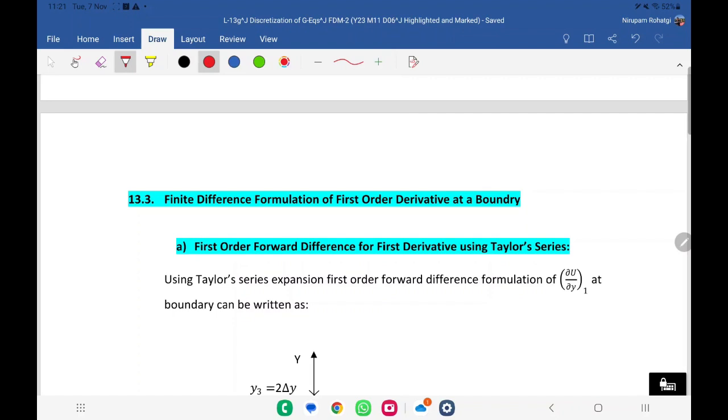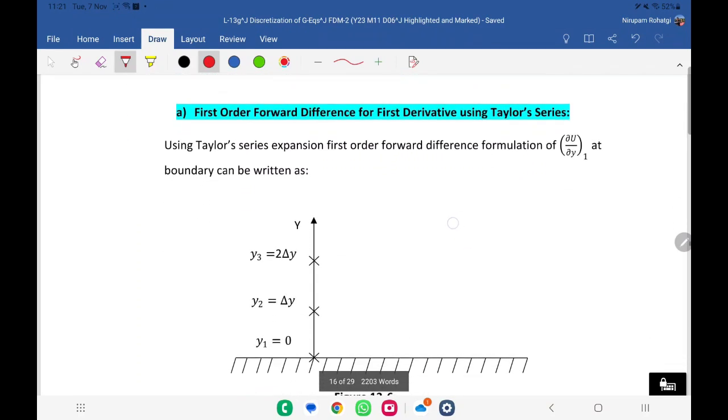Now, if you take this case, I can write del u by del y as (u2 minus u1) by delta y. u2 is this, u1 is this, and u3 is this.